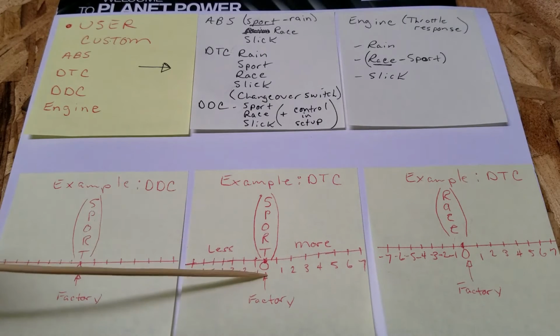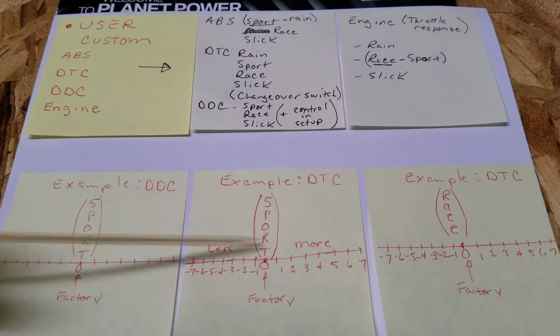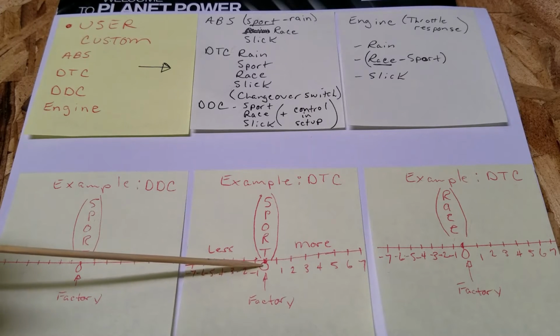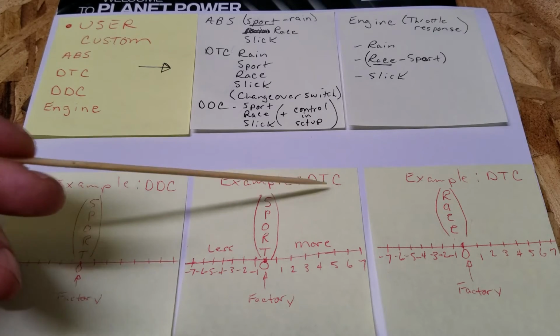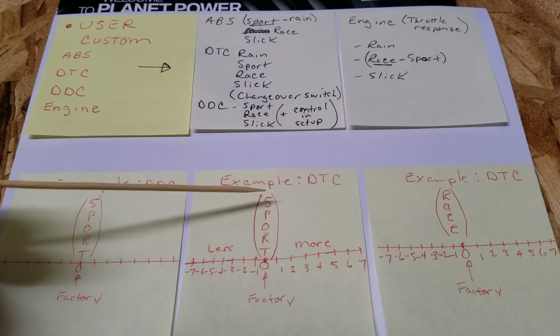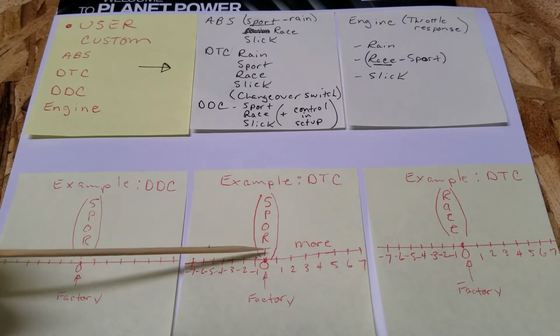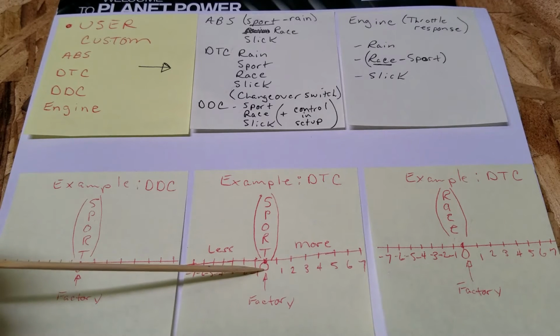So in the first example here, you see sport. If you select sport in traction control and you leave it at a factory setting of 0, because remember with traction control you can adjust it with your changeover switch, your slick switch, you're going to get that behavior from the factory left at 0.